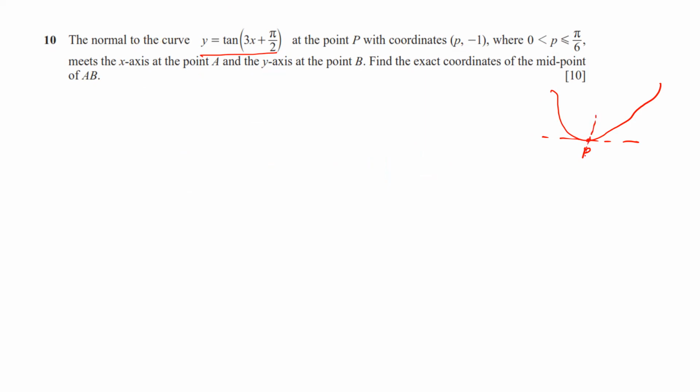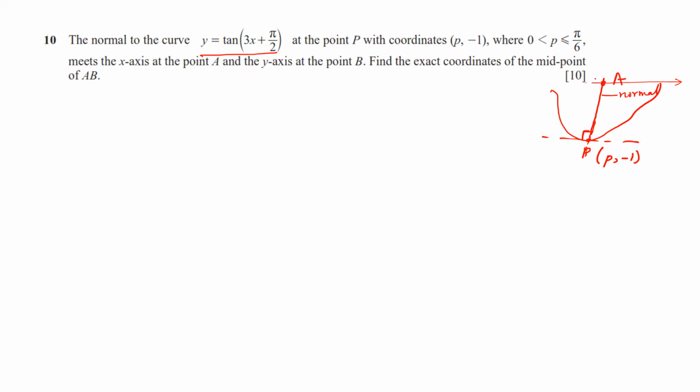So draw a tangent, and this is the normal to the curve at point P with coordinates P comma minus 1, where 0 is less than P less than this. It meets the x-axis at point A. So this is the normal line, meeting the x-axis at point A.